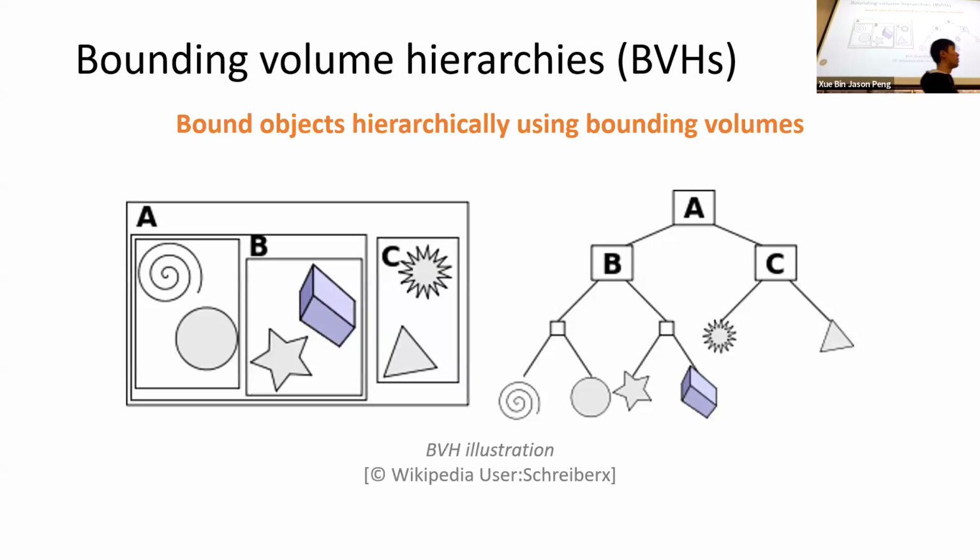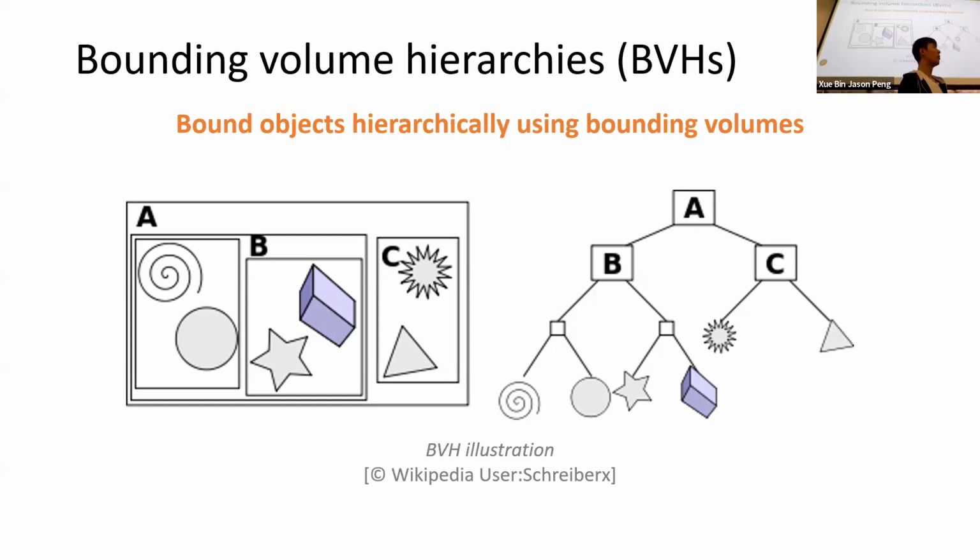Now, once we have this large bounding volume that contains all of the objects in the scene, we can then hierarchically partition this bounding volume into smaller and smaller bounding volumes that each contain a smaller and smaller group of objects.